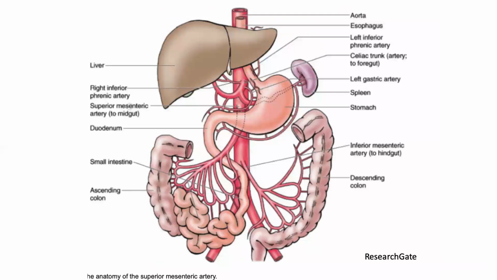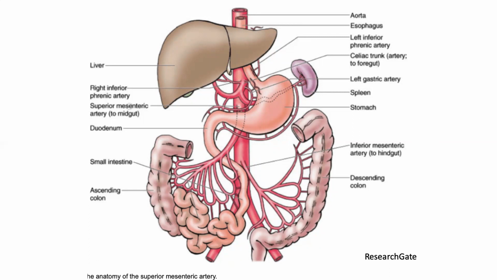So now we need to recall our memory of the blood vessels. If you remember, this is our abdominal aorta, which divides into right and left common iliac arteries. And the abdominal aorta has 3 unpaired branches.